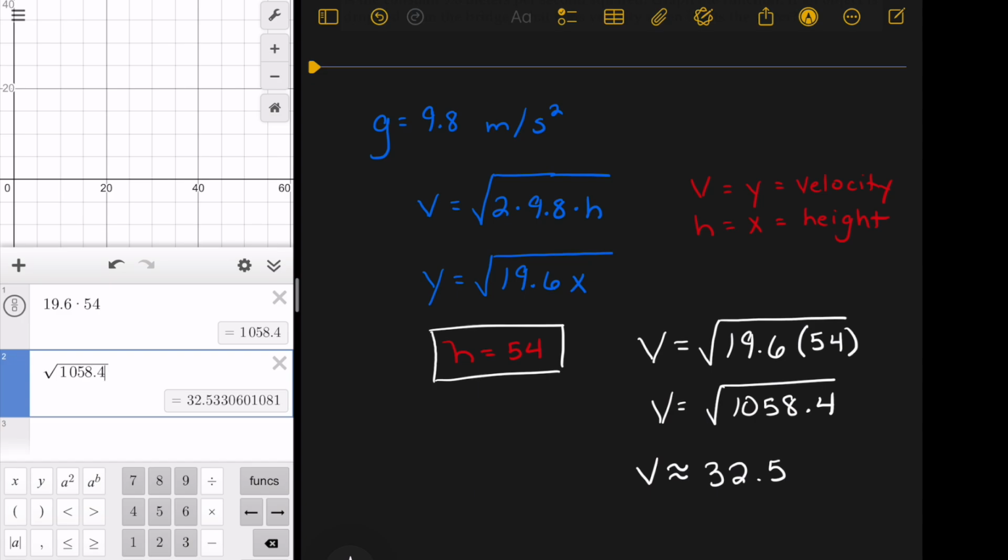And the unit, since we were measuring in meters per second, is 32.5 meters per second. And that is how fast the object will be going when it hits the water if I drop it from a height of 54 meters above the water.